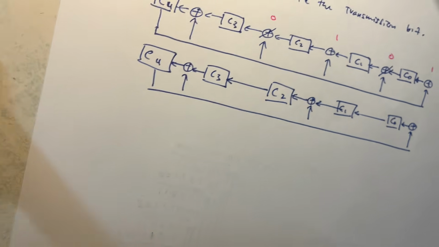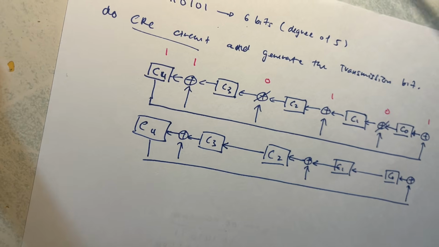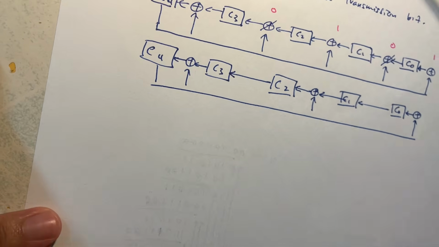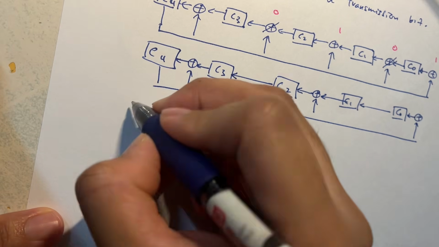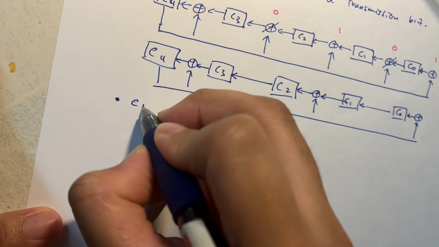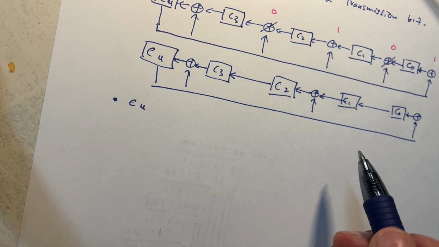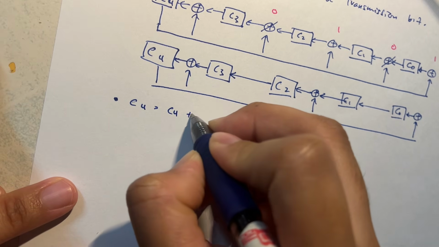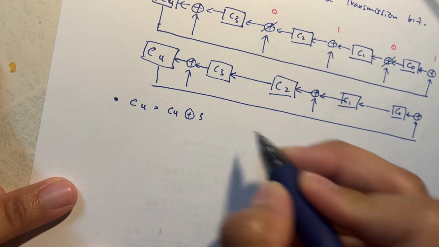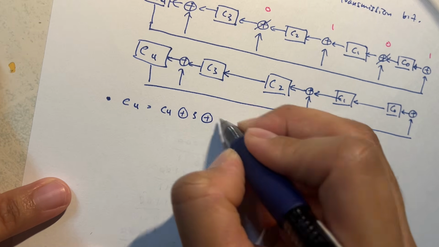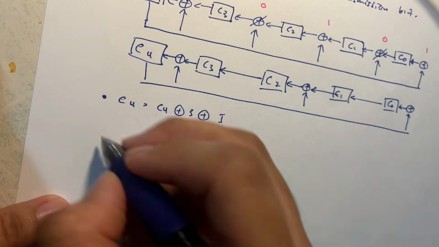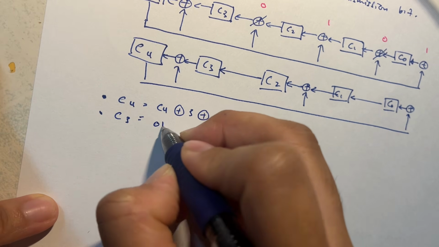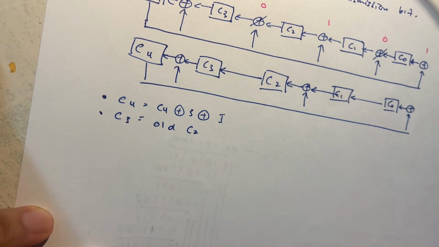So from the circuit that we have here, you want to know how it works. Start with C4. So how does C4 work? C4 is equal to C3 XORed with the initial value. And then C3 is basically the old C2.